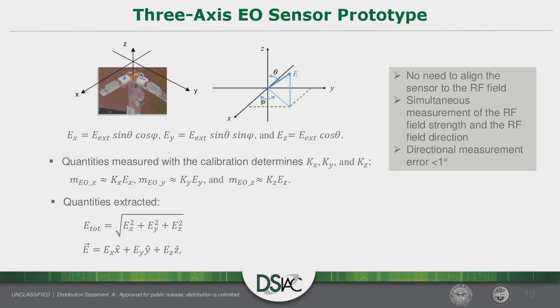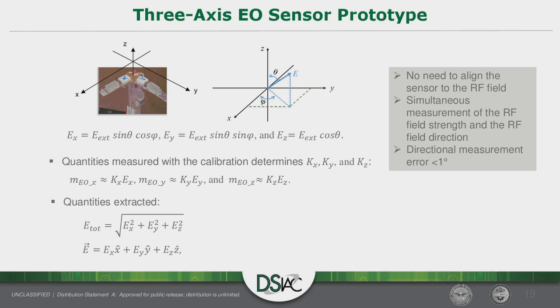We instead exploit the directional dependence and assemble 3 axes. Each single axis sensor is aligned along the x, y, and z directions. Then for an incoming field in any direction, with phi and theta, the x, y, and z components of the E field can be given by these equations.